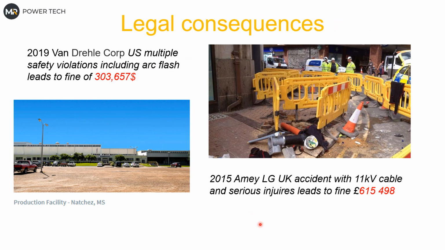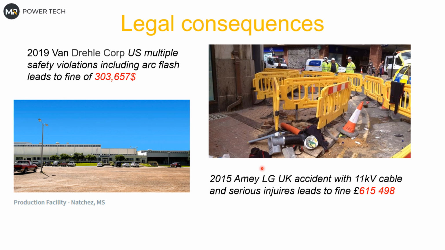What are the consequences? The best ones to find are in the UK and US because they're reporting very well. At this moment we have Van Dreckle Corpus in 2019, a recent one, a $300,000 fine for multiple violations including arc flash, so not the only one. But AMA-LG in the UK in 2015 had an accident with an 11 kV cable. The crew that was digging or doing something with the traffic lights were supposed to drill in, and they drilled into the 11 kV cable. It was serious injuries.